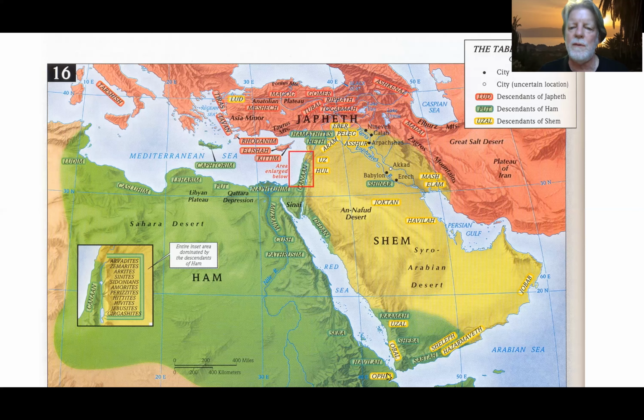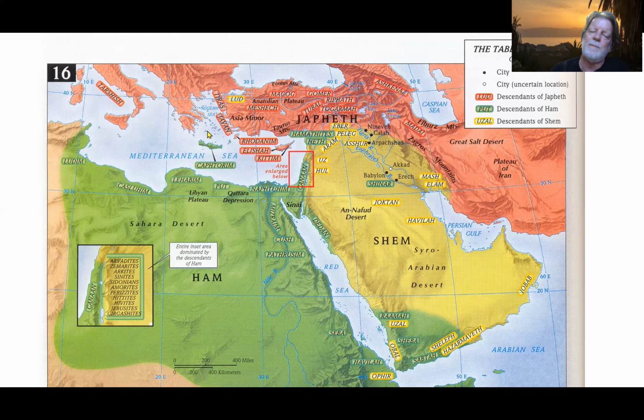Havilah is one of the places that was mentioned in the description of the Garden of Eden, but you also see Havilah placed up here. So a lot of this is guesswork. The other names that I want to point out are Magog, Meshach, and Tubal.